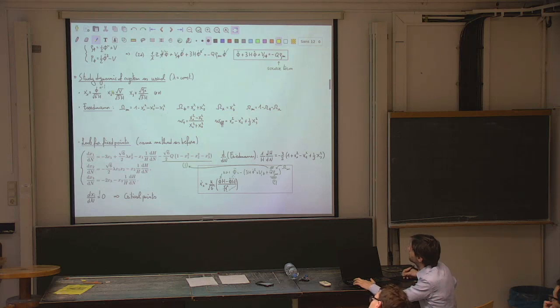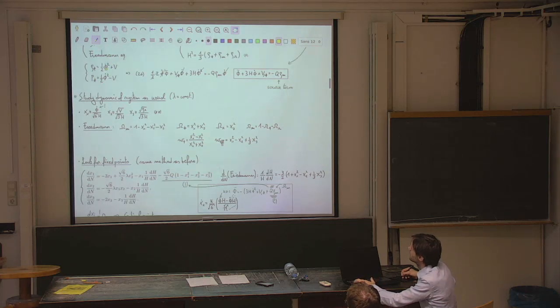Since phi dot and V are expressed in terms of x1 and x2, and the density and pressure of dark energy are given by phi dot and V, we can express rho and p in terms of x1 and x2. And if we take the ratio of these two quantities, we get the equation of state, which is this one. So again, you see that the equation of state of our field is related to x1 and x2 only.